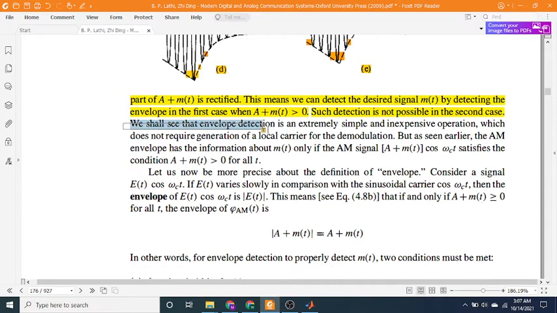We shall see that envelope detection is an extremely simple and inexpensive operation, which does not require generation of a local carrier for the demodulation. But as seen earlier, the AM envelope has the information about m(t) only if the AM signal [A + m(t)] cos ωct satisfies the condition A + m(t) > 0 for all t.